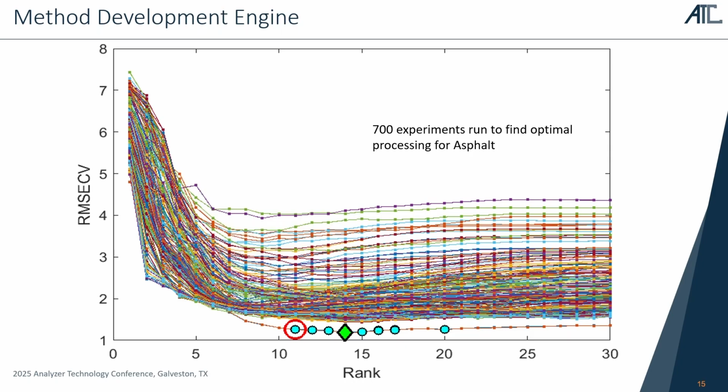The lowest error is marked by the triangle in green, but all the points that are in blue are statistically insignificantly different. And oftentimes what you would do in a situation like this is you would go to a more parsimonious model, something with fewer factors, so it's less complex.